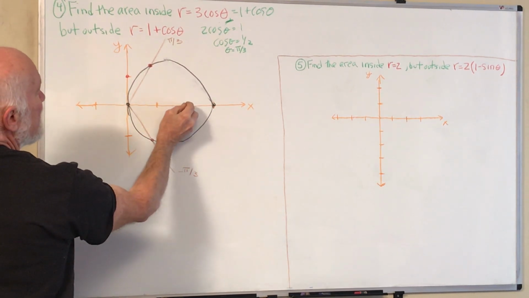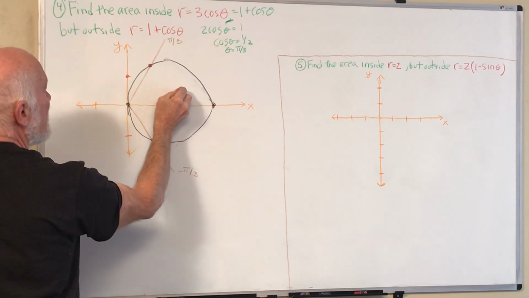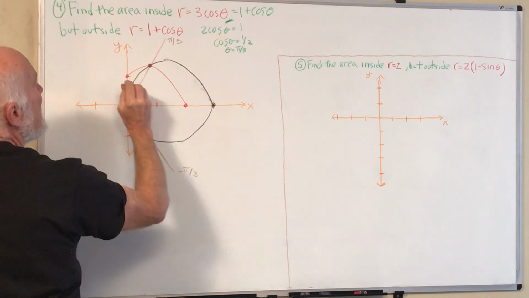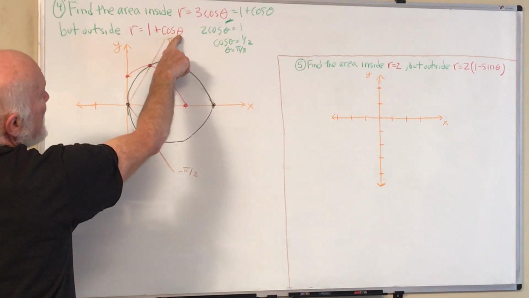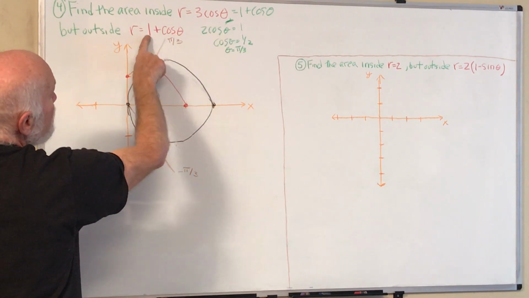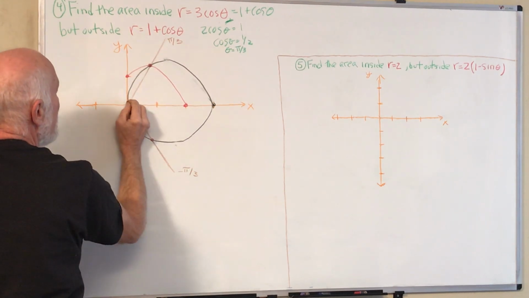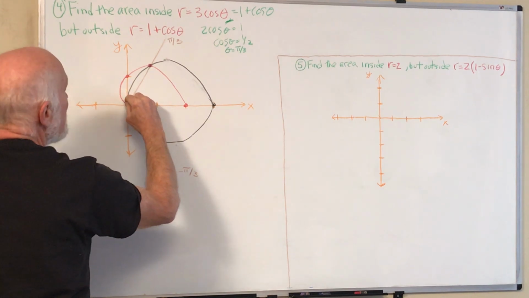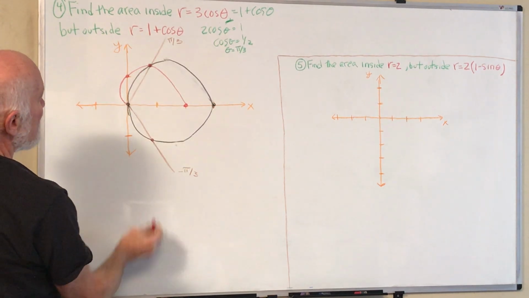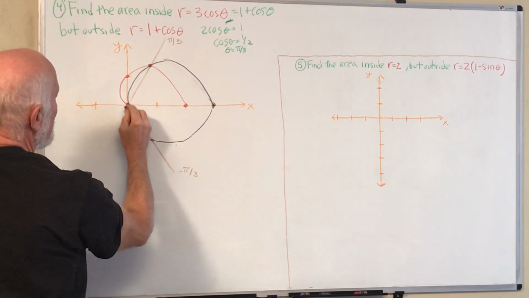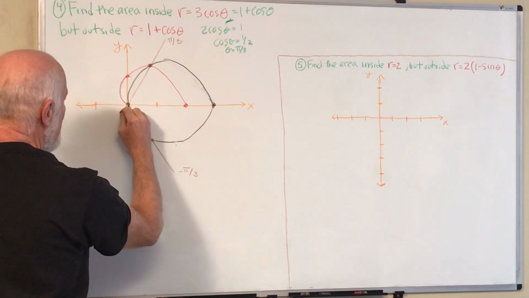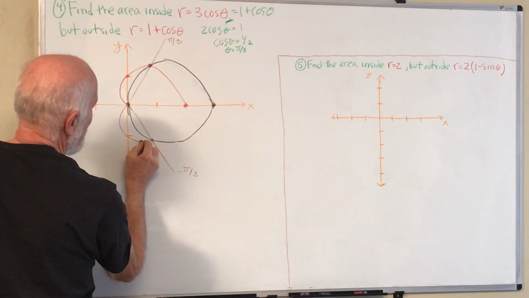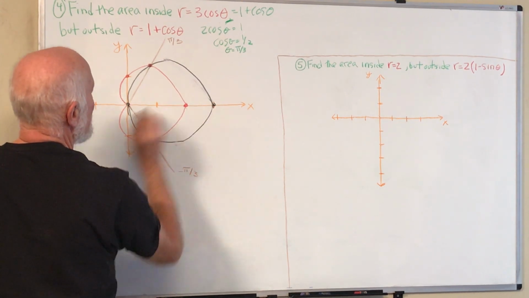And then I know I'm going to go like this, and then start going down, and then when theta gets to be pi, I have 1 minus 1, I'm back down to 0. So I'm back down to the pole, or the origin. And because this is cosine, it's going to be symmetrical. So it's going to do the same thing here and down here. It's symmetrical with respect to the x-axis.